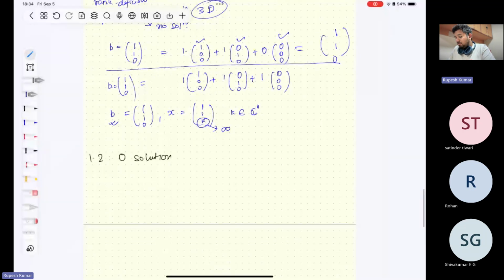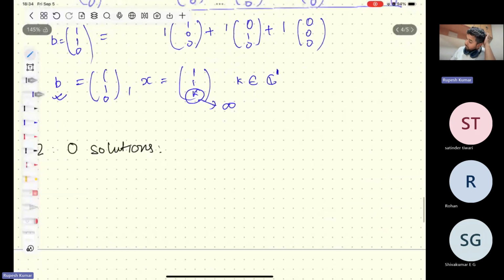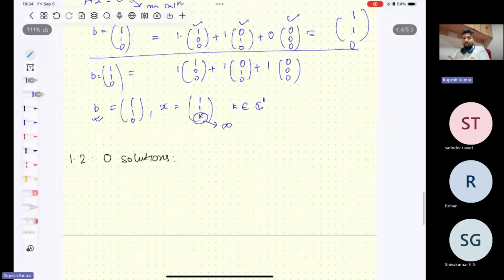If the determinant is zero, you can have these two cases. Either one can arise depending upon the matrix column vectors and B, right? Now, let's say I take my B as 0, 0, 1.